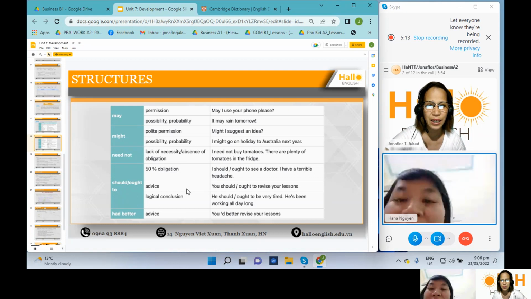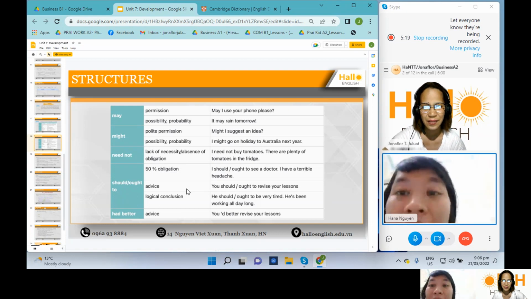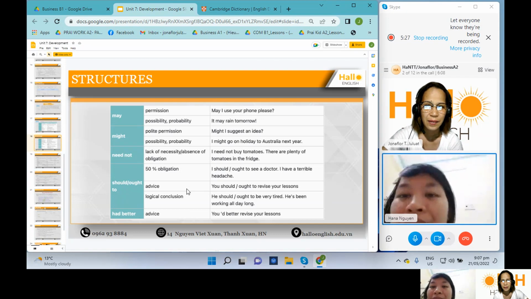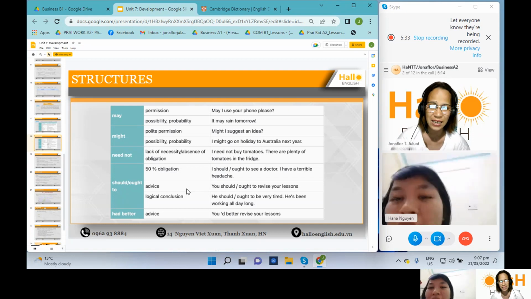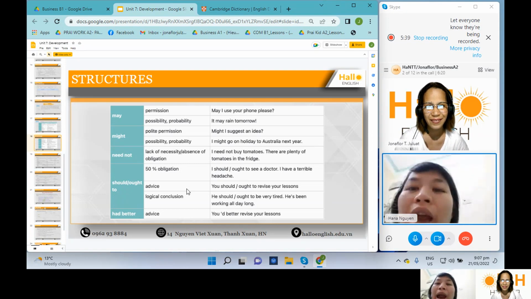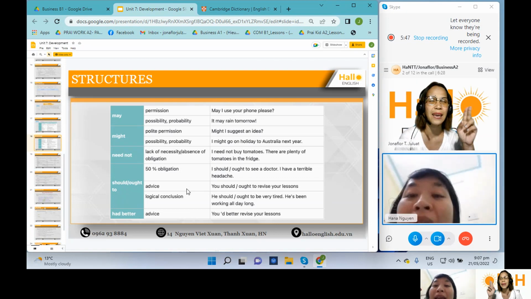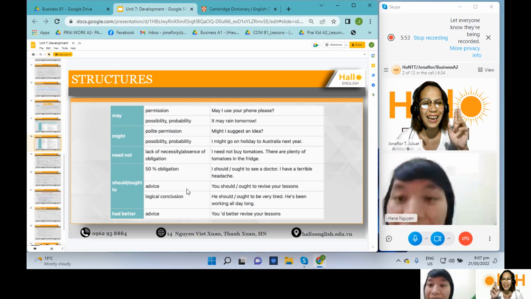Okay, how about the word might? Might. You can use might for polite permission, and again for possibility and probability, just like may. May equals might, they are the same, but might is more polite, just like can and could.